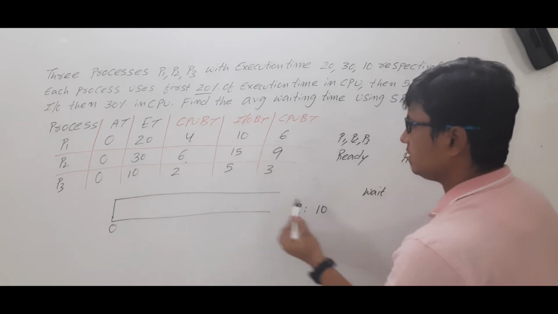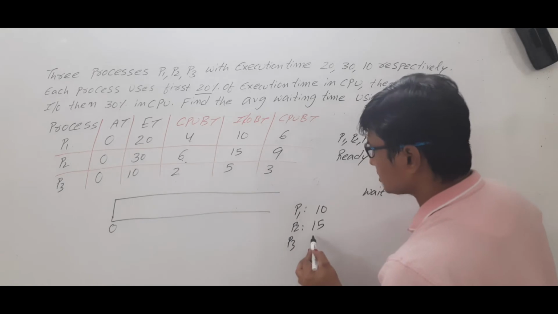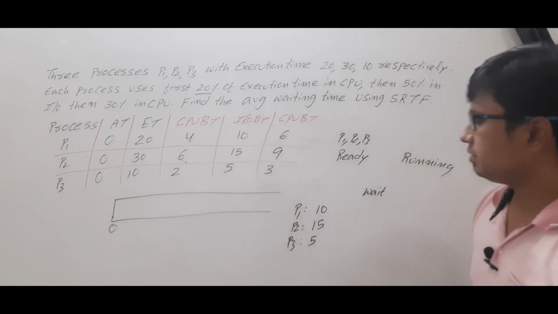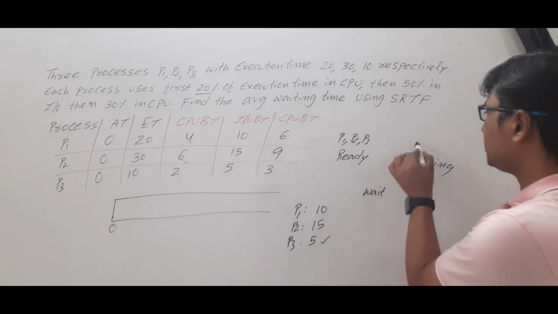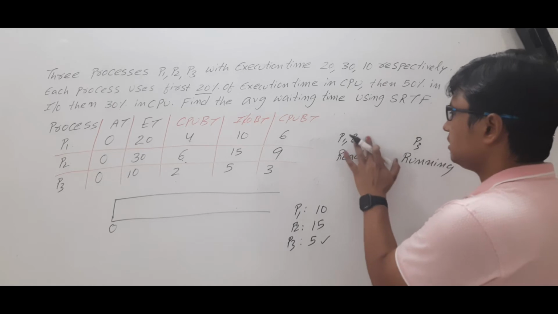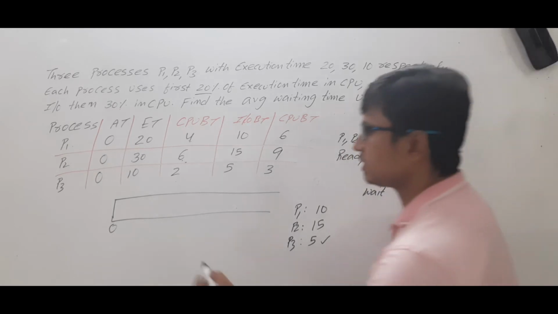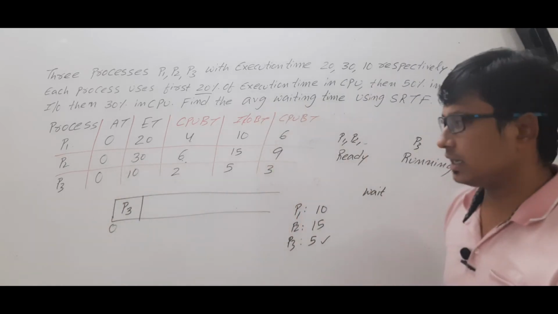So 4 plus 6 is 10, 6 plus 9 is 15, 2 plus 3 is 5. Now, which one has the lesser burst time? Process P3. So process P3 will be dispatched to the running state. Is it clear? Are you able to understand?